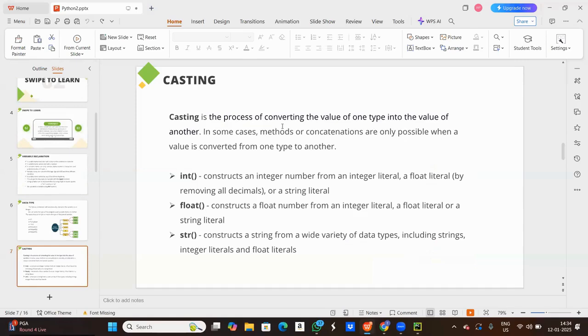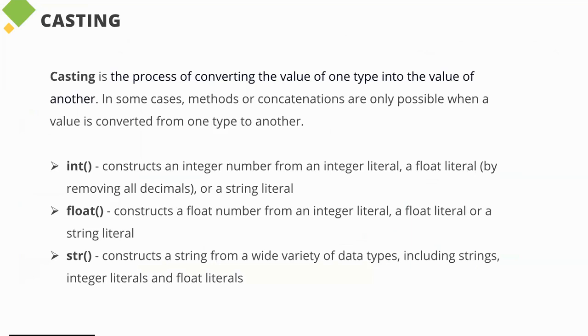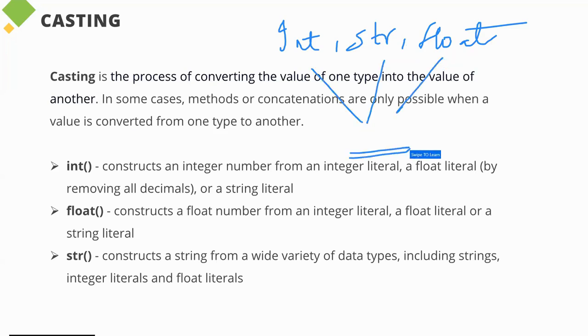Now let's get back. Let's see the casting. Casting is the process of converting data types from high level to low level or low level to high level. Say, for example, you have an expression with integer, string, float, etc. With all these things, you can't make these three work together and produce a result, right?